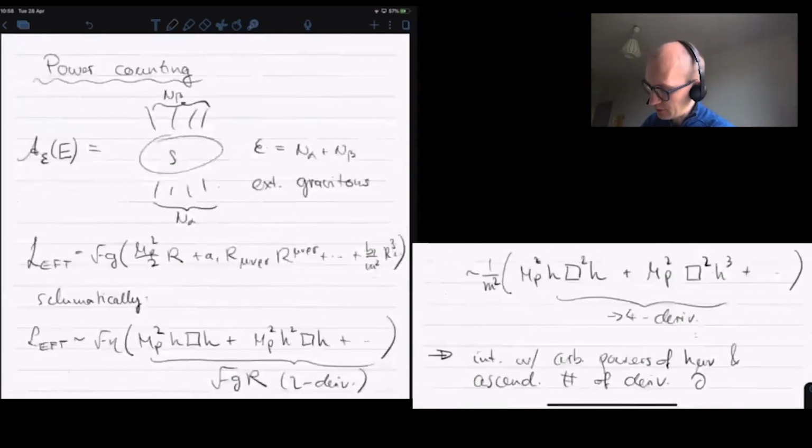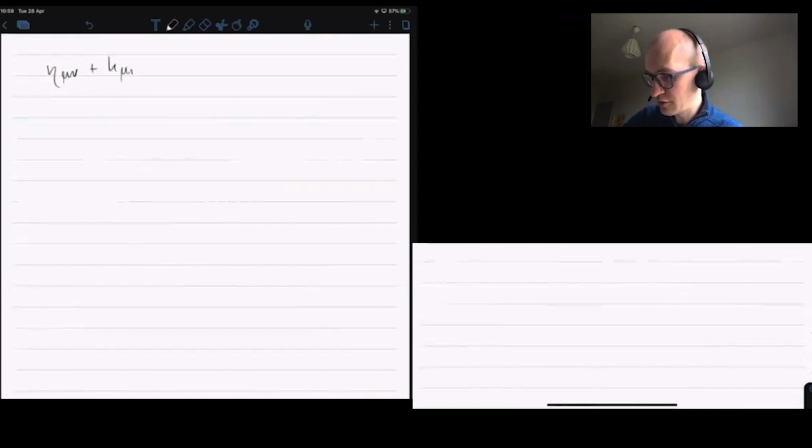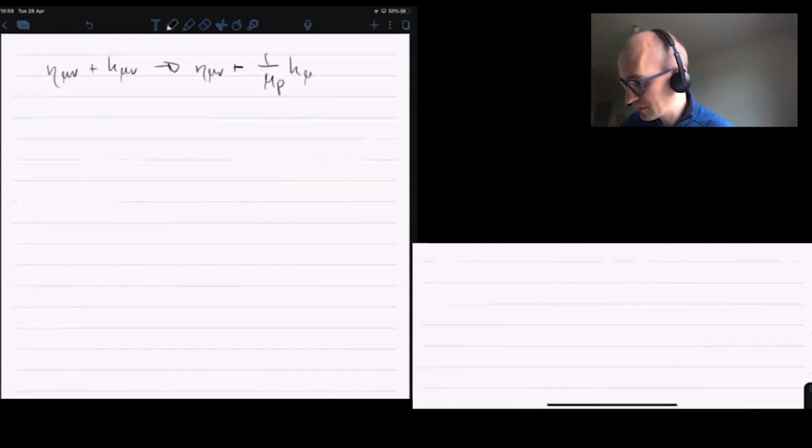And so let me do the final thing, which is usually customary. I've said this before, but you see this kinetic term has an m Planck squared in front of it, but typically we rescale things such that the kinetic term is canonically normalized, just order 1. This rescaling is basically eta mu nu plus h mu nu goes to eta mu nu plus 1 over m Planck, not squared, m Planck h mu nu.